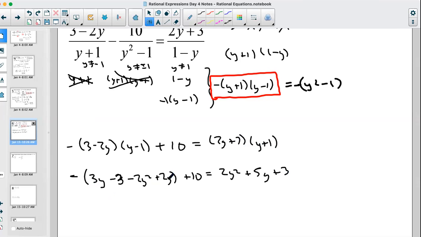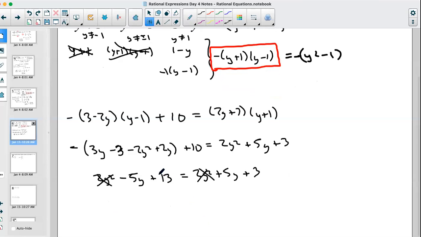Let's do this first. Negative 2y squared is positive 2y squared. 3y and 2y is 5y, but negative that is negative 5y. And then negative 3 is plus 3, plus 10 also is plus 13. 2y squared plus 5y plus 3. The 2y squareds cross off. I subtract it from both sides.